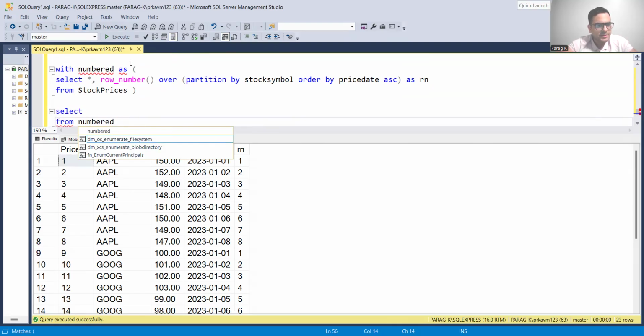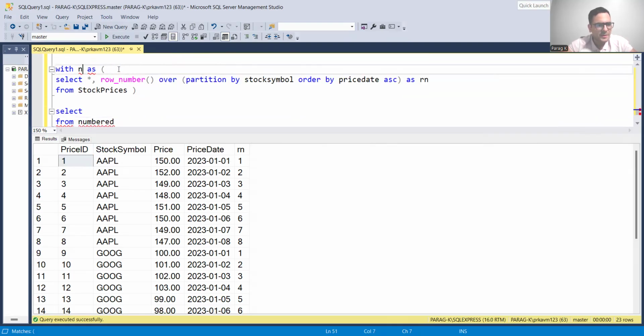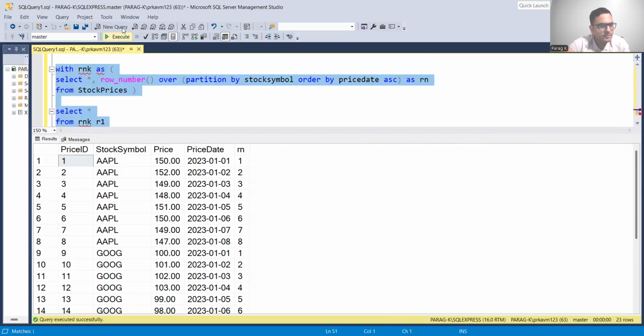Let's add something like RNK, let's do a smaller name, as R1. Okay, from is working, right? Now what are we looking for?